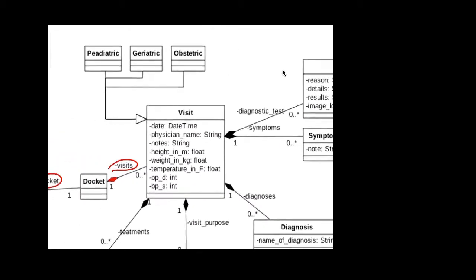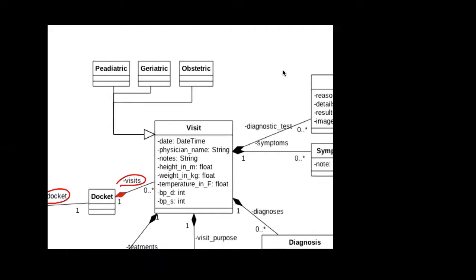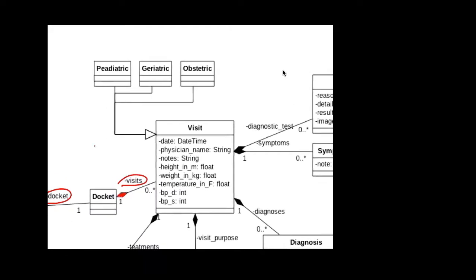Okay, so what's this? This part you should be familiar with. This relationship here, what's that? Generalization, specialization relationship, or inheritance. It basically means what? What's happening here? Pediatric, geriatric, and obstetric are all a visit.